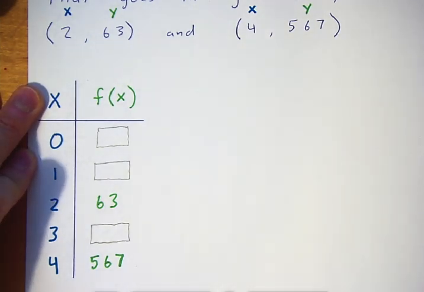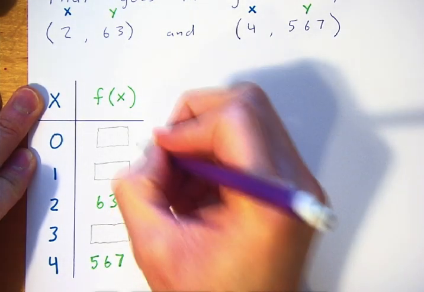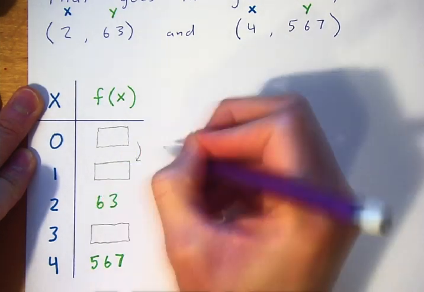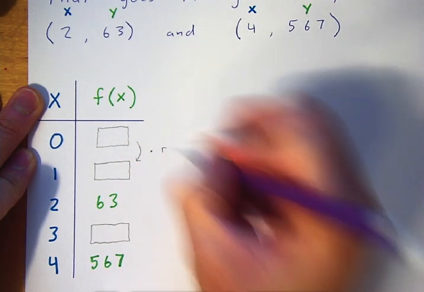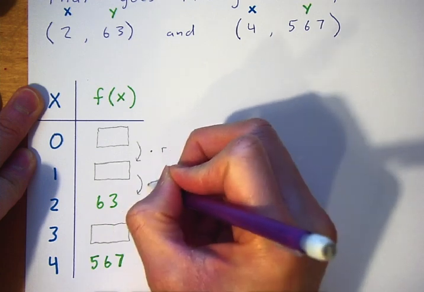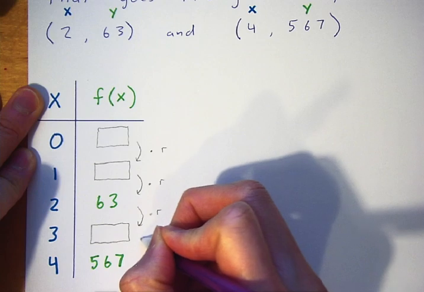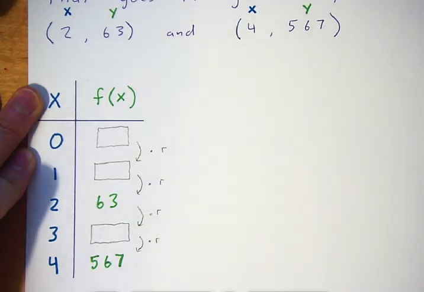But what I know is that to go from this value to this value, I would multiply times r. From here to here, I would multiply times r. And each time, it would be the exact same number r. So let's create an equation using this.